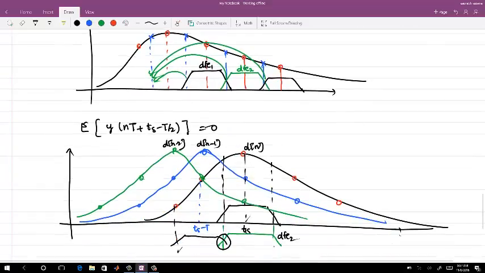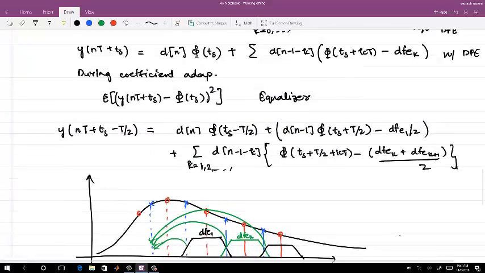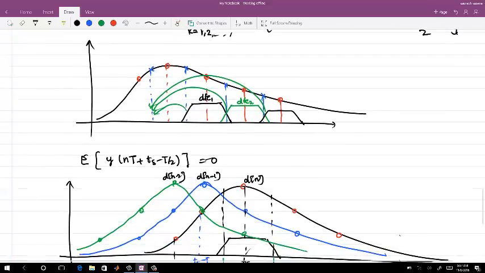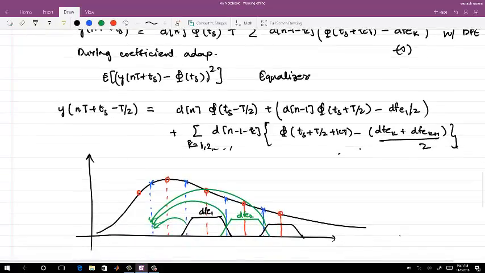These two things lead to a common sampling point. Let's say this is equation 1 and 1a.